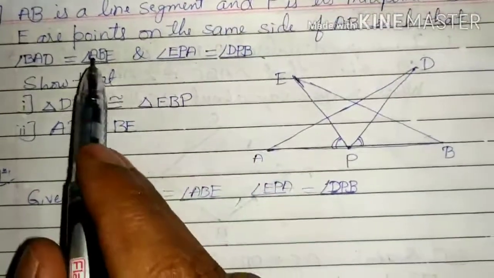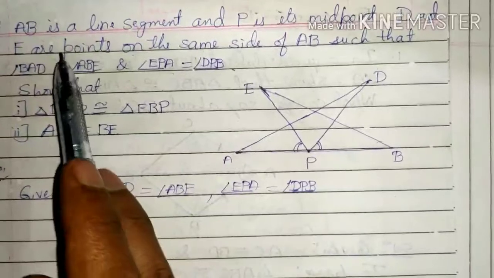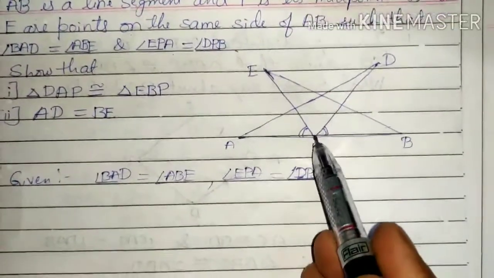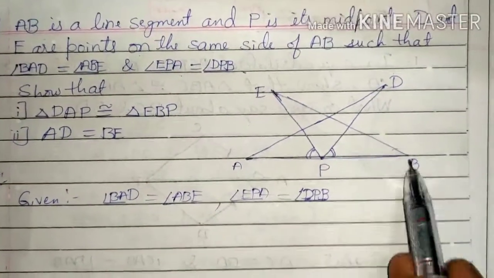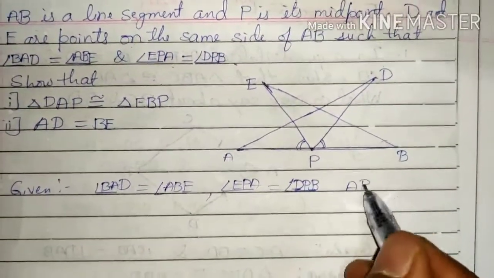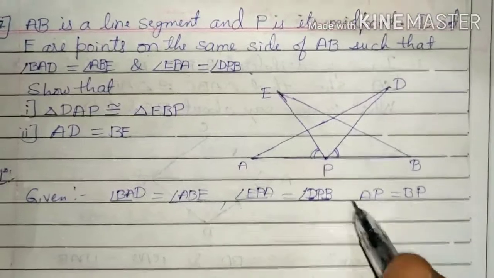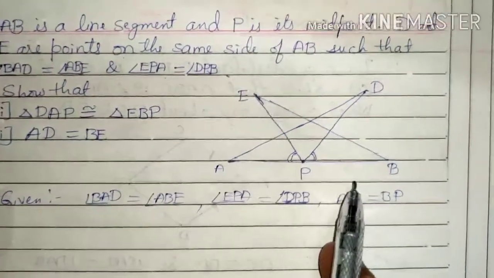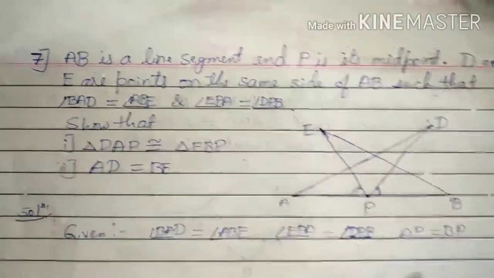Then AB is a line segment and P is its midpoint. So that means AP is equal to BP. Midpoint means it divides into equal halves. So AP must be equal to PB.